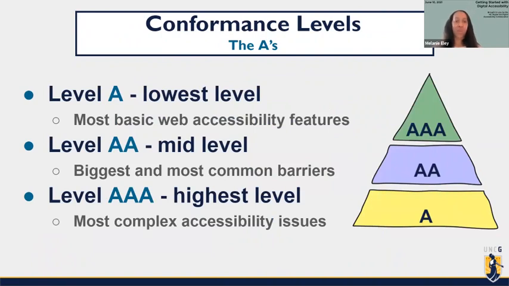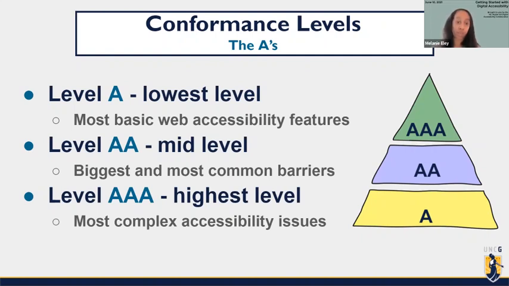All right, so we're going to move on to the conformance levels and talk about the A's. I mentioned this earlier. There are three levels of conformance. The levels are cumulative, meaning that if a website meets conformance at a higher level, then it also needs to meet conformance at the lower level or levels.